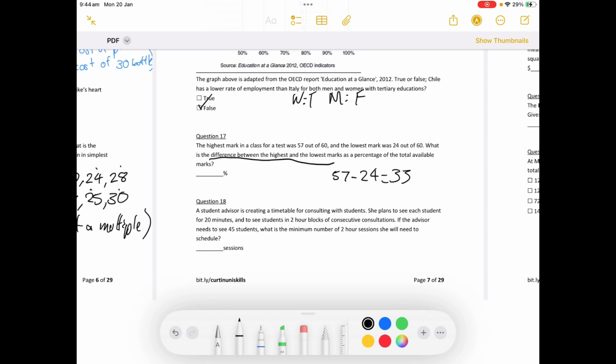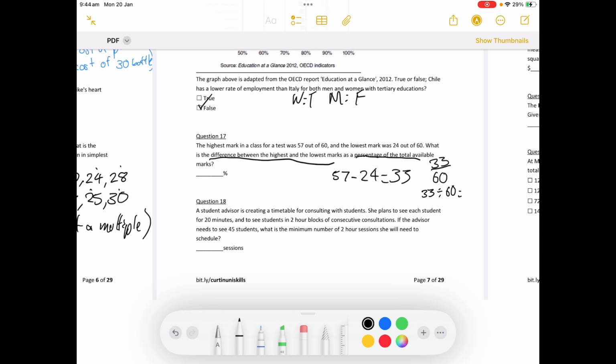Alright, now the next bit, you probably want your calculator, because we need to work this difference out as a percentage of the total available marks, okay? So because it's of the total marks, that means we have to do it as 33 over the total marks, which is 60.